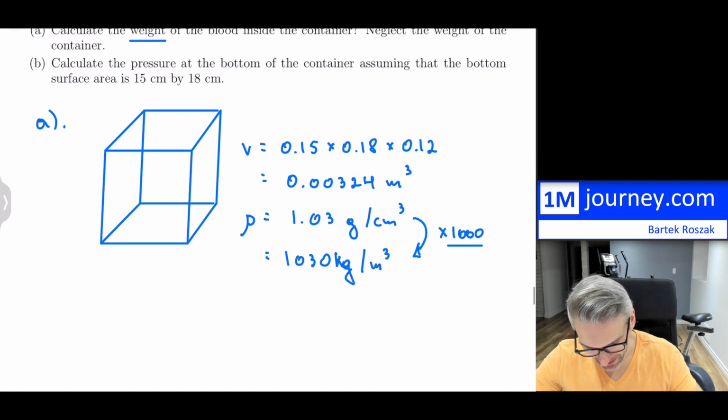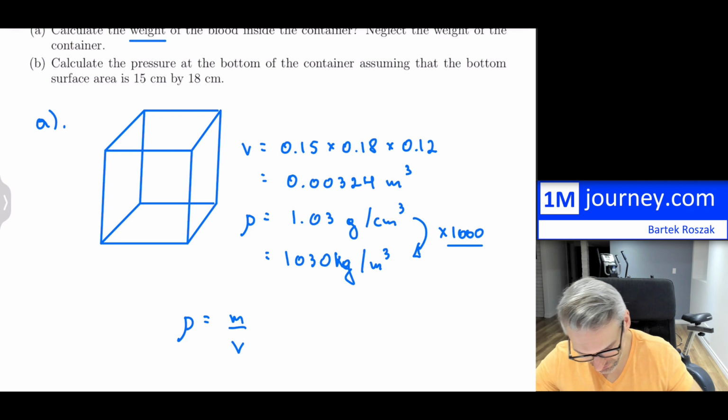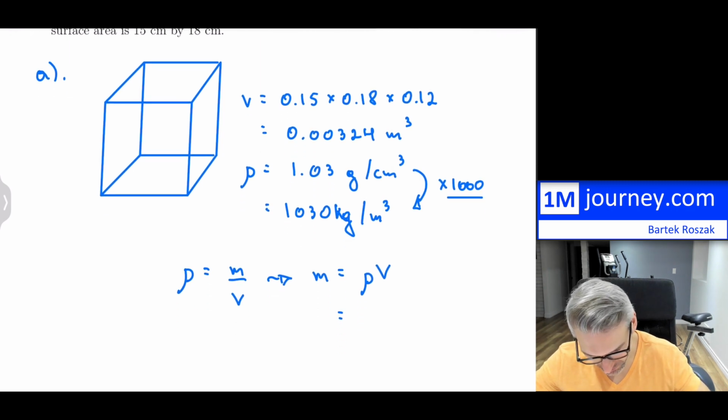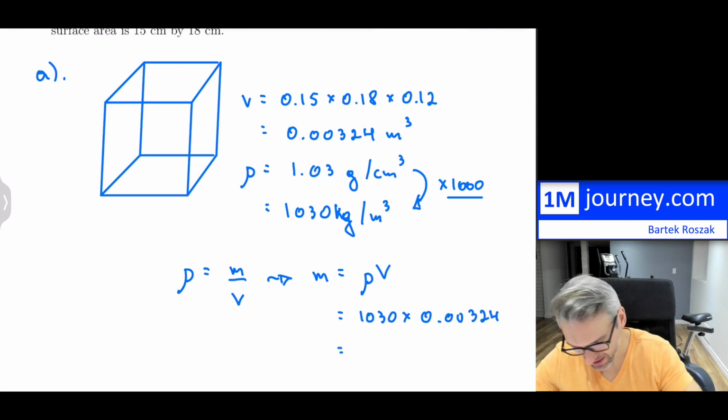Now, density in general is equal to mass divided by volume. So if I know the density and the volume, then my mass is equal to density times volume. So once I have this, which is just 1030 multiplied by 0.00324, that gives me the mass.